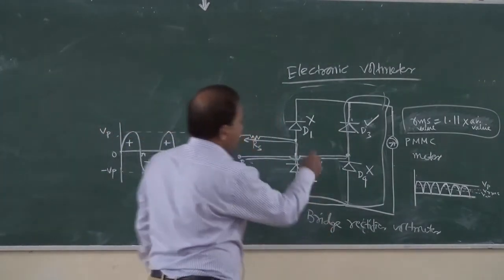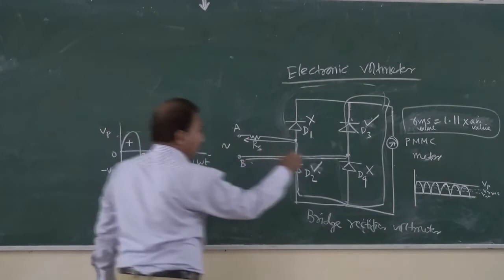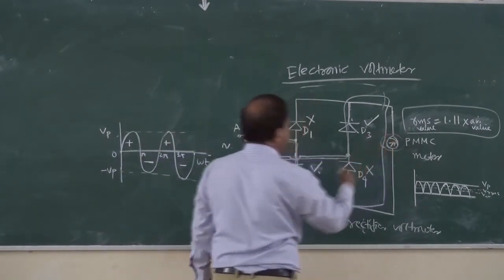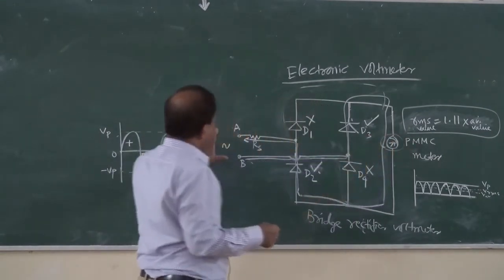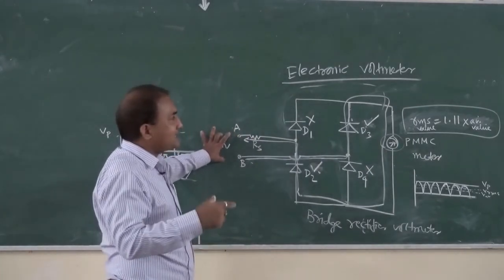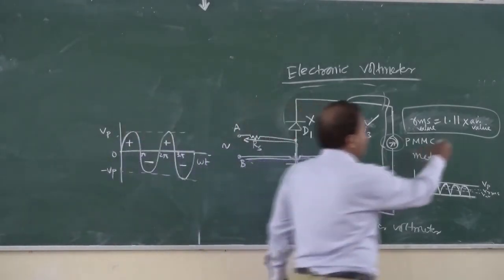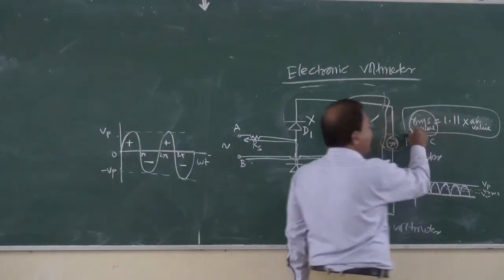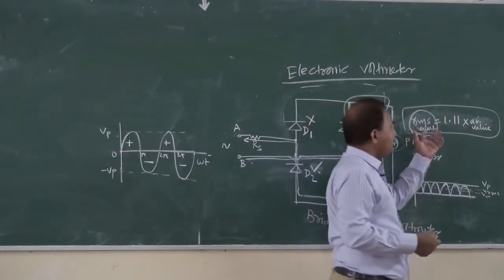The deflection in the PMMC meter is directly proportional to the applied voltage, and it is calibrated to measure the RMS value. So how is it calibrated?